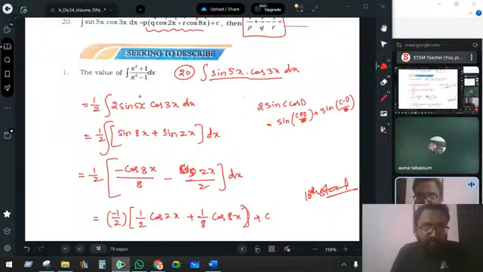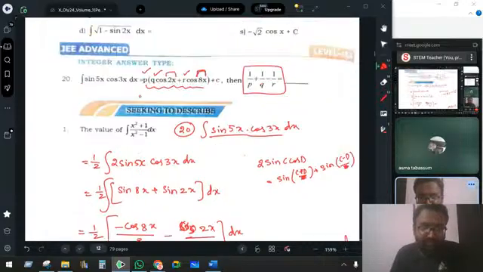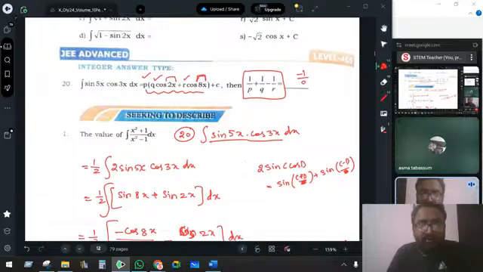So if you compare, p is equal to minus 1 by 2, q is equal to 1 by 2, r is equal to 1 by 8. So p plus q is 0, it is minus 1 by 8. The answer is minus 1 by 8, but it is integer type.